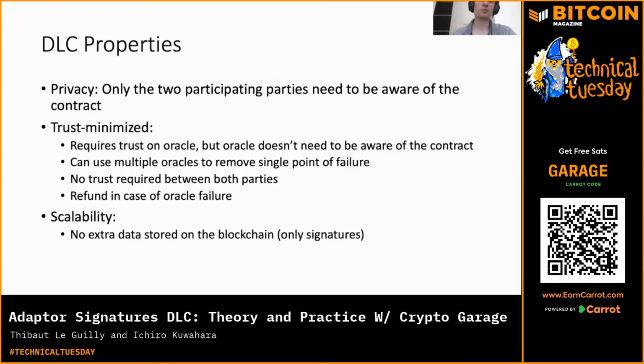Also, of course, the 2 parties don't need to trust each other at any time in the protocol. They are able to either recover their funds or be guaranteed that the event will be settled. And if the oracle were to fail, like not release an attestation, then both parties can be sure that they'll be refunded.